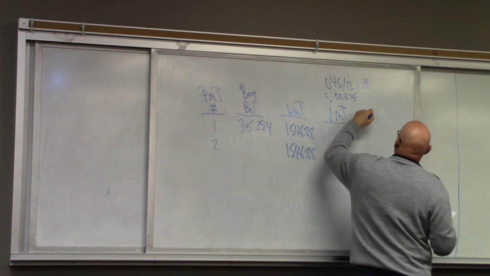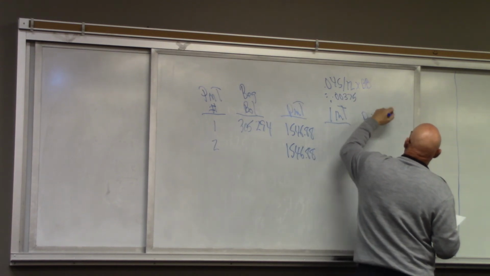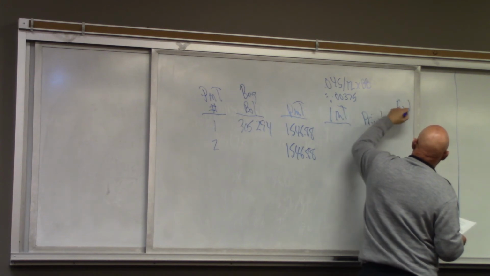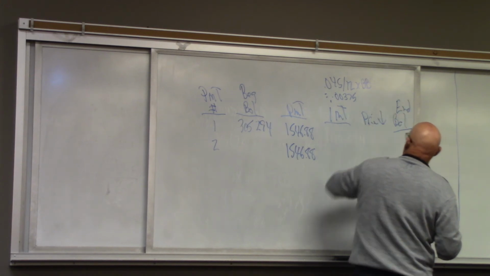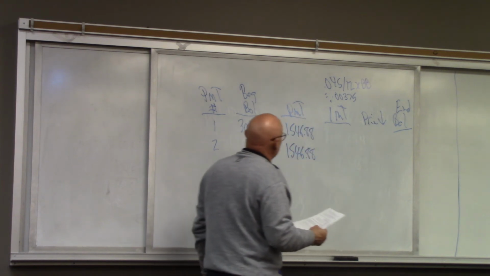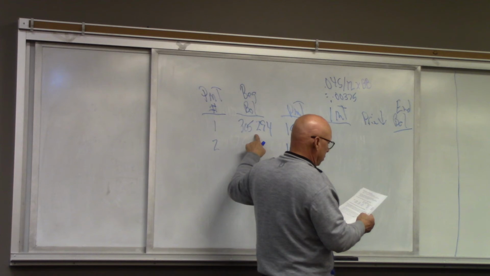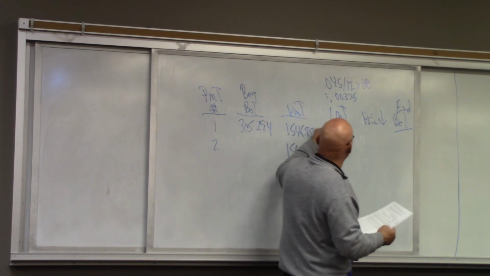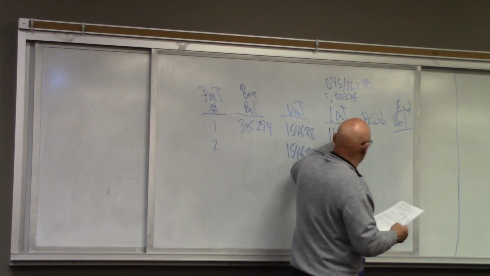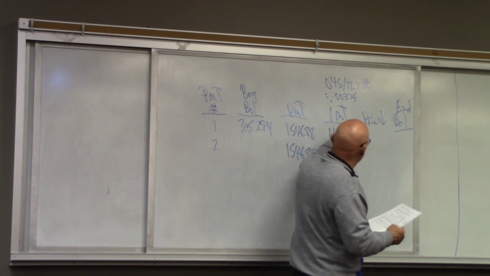Then you have the principal reduction, and then you have the ending balance. Running out of space. All right, so this times this is equal to 1144.85.